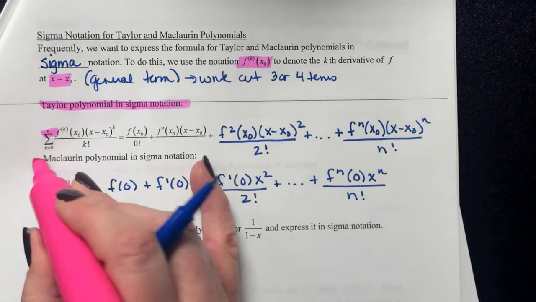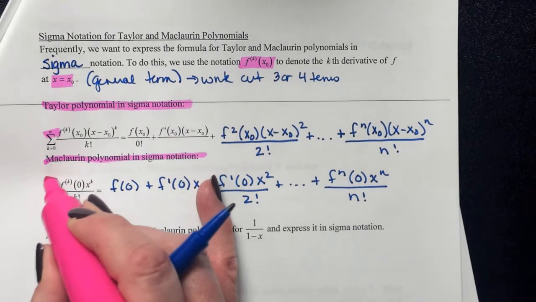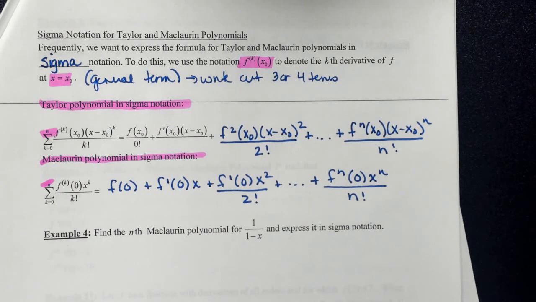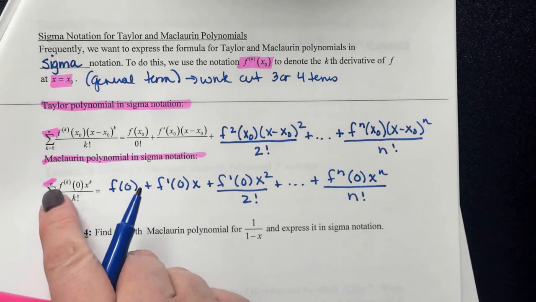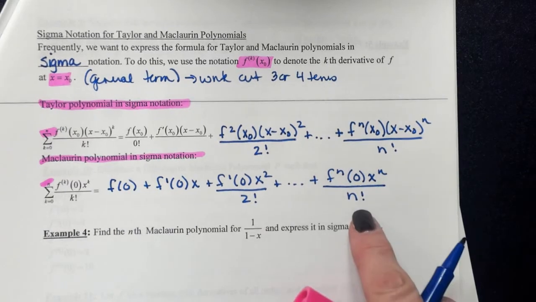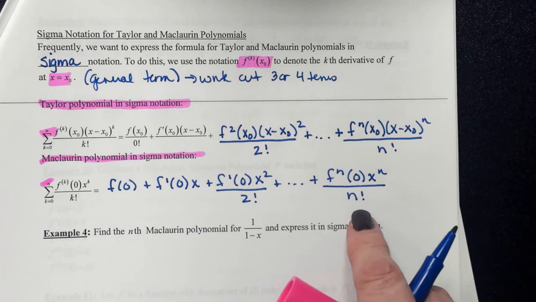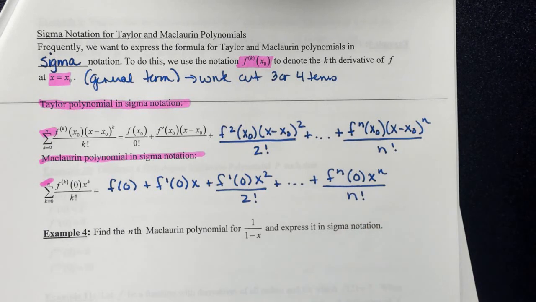So again, if you have a Maclaurin polynomial in sigma notation, like I said, these have a definite n anytime we're talking about a polynomial. So that upper index is not infinity. We'll take a look at the power series when it is an infinite series later on. But again, anytime they're asking you to express a polynomial in sigma notation, that upper index is going to be a definite n, which is the nth term, which means you're ending with the general term. Okay? So we'll talk more about this after lunch.